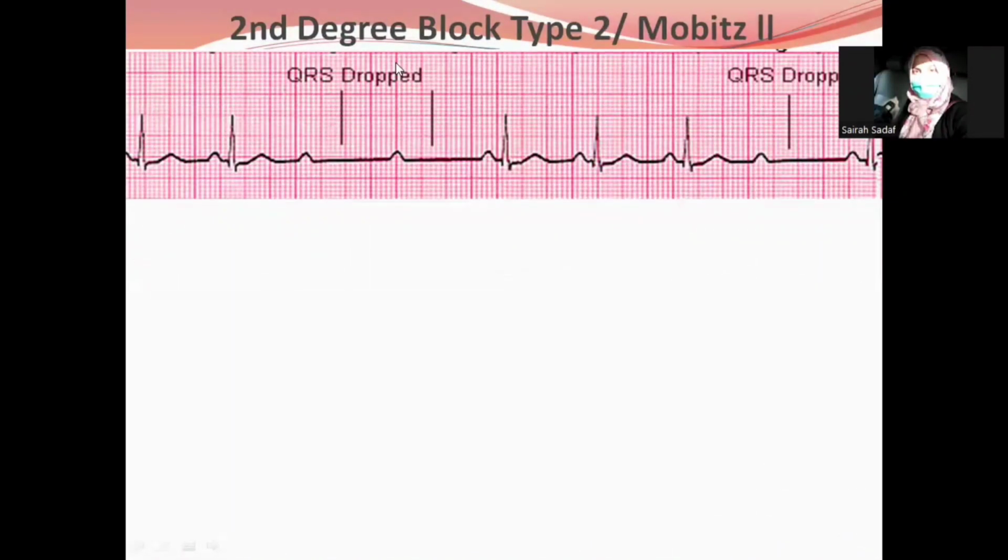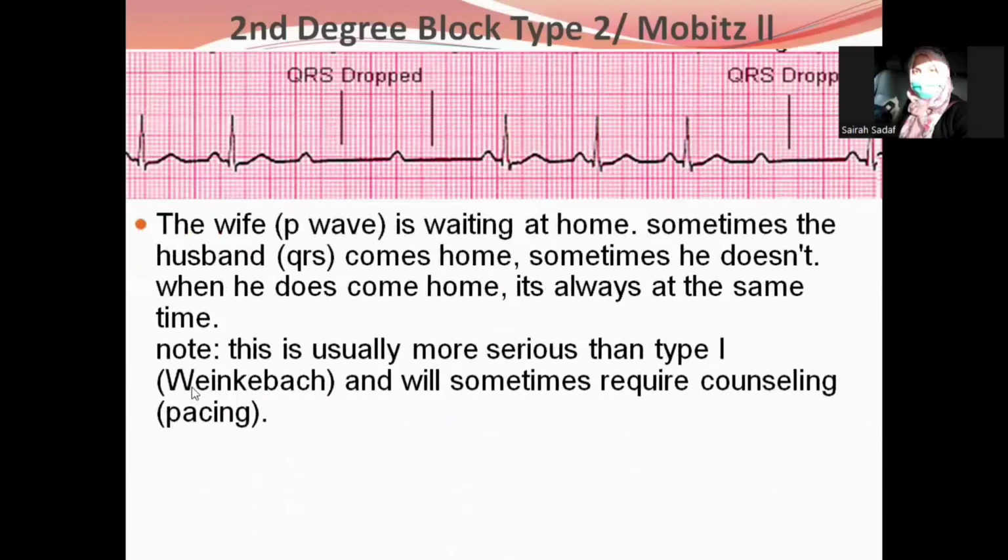Okay, what's Mobitz type 2? Let's see. In Mobitz type 2, now the story changes. This is our wife. This is our husband, the QRS complex. Now, this is wife.